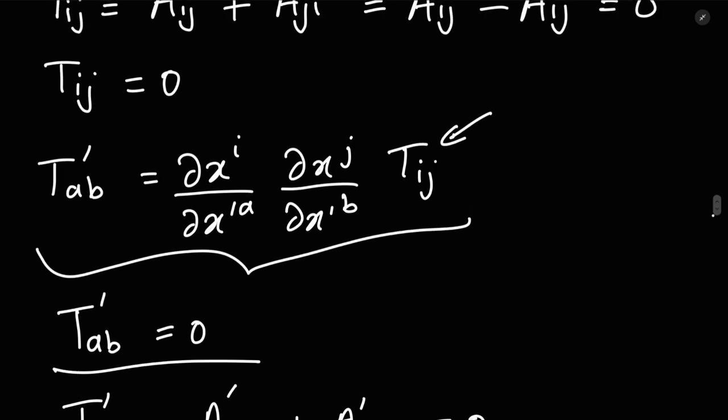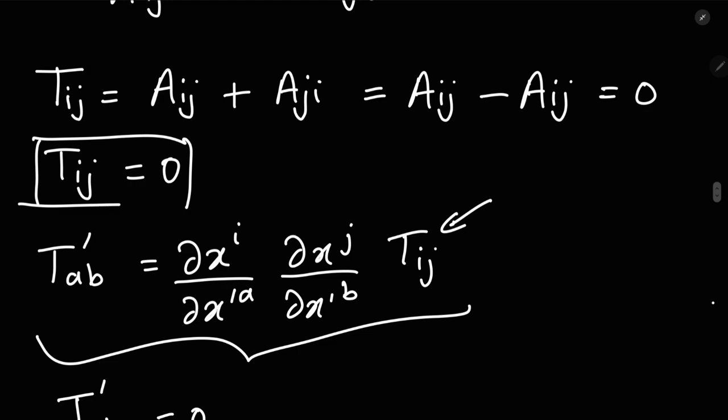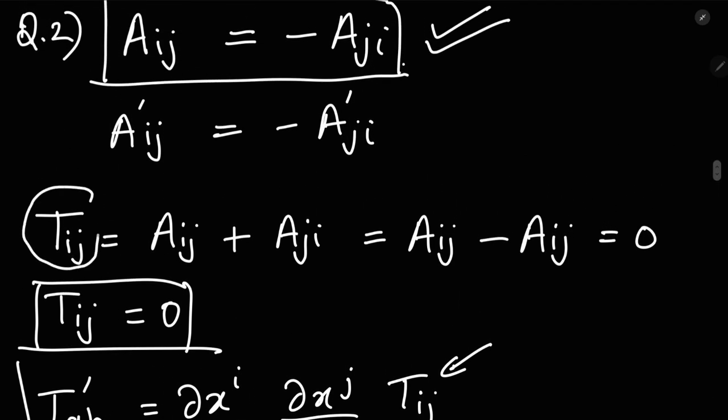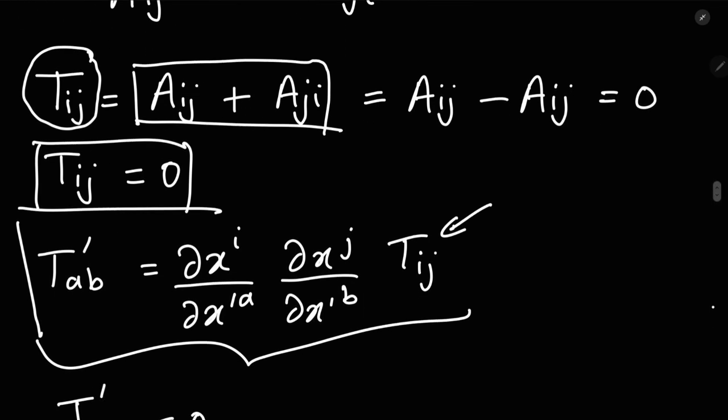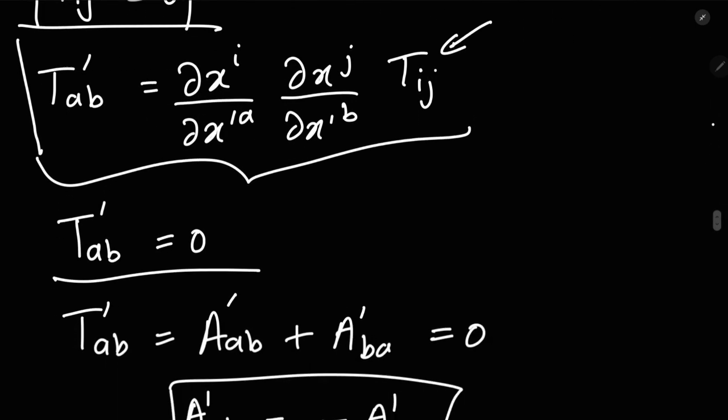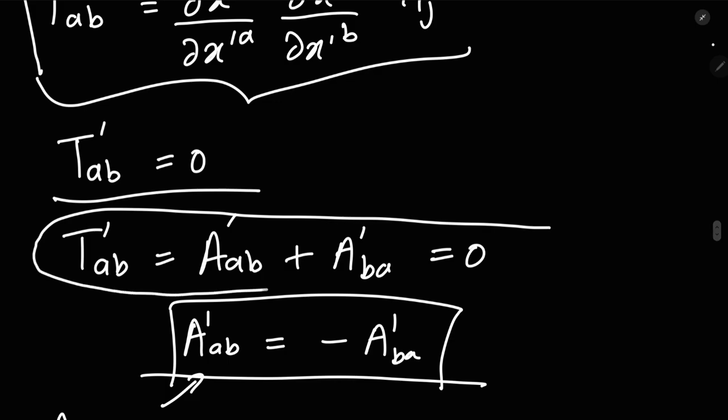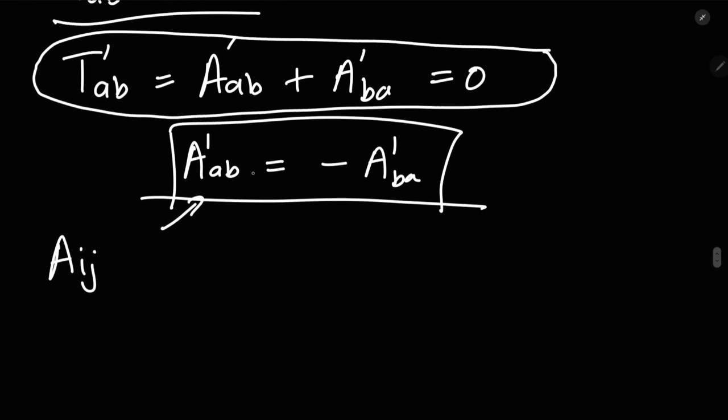That is, if a tensor is a 0 tensor in one frame, then it is 0 in all other frames, from the tensor transformation equations. And I constructed a 0 tensor from the property of antisymmetry of A, and Tij will be 0 in the S prime frame as well. So this quantity will be 0 in the S prime frame, and hence A remains antisymmetric. So I'll write that down: Aij is antisymmetric in all frames.